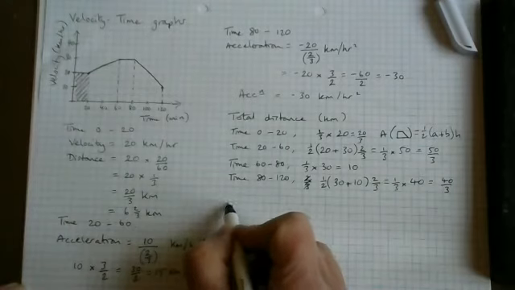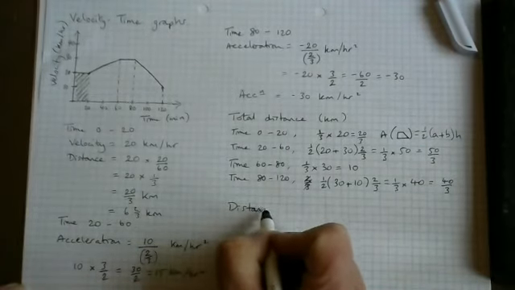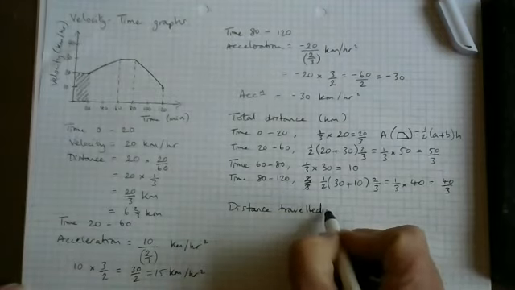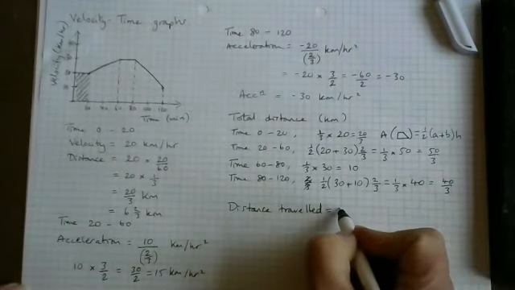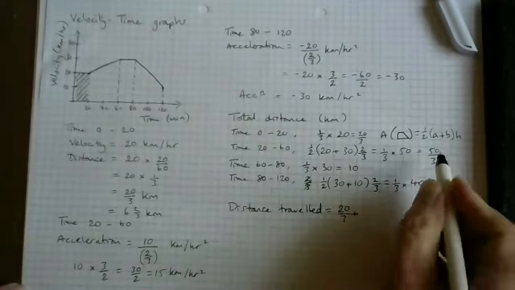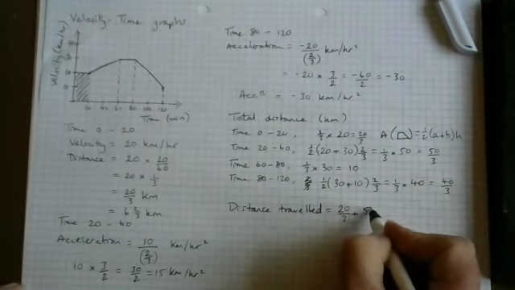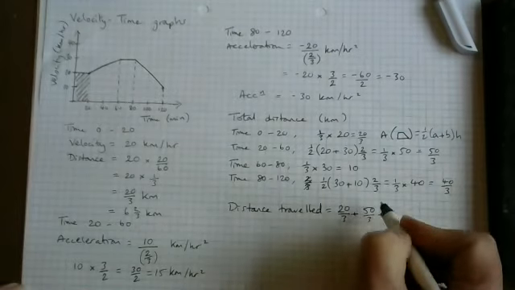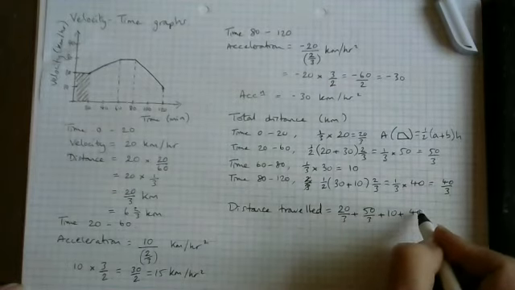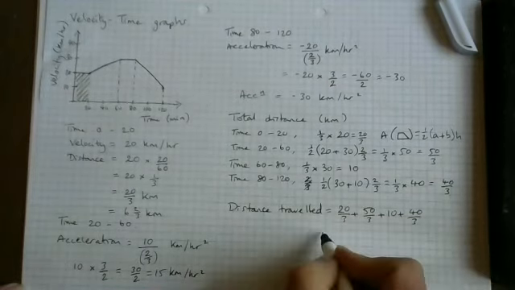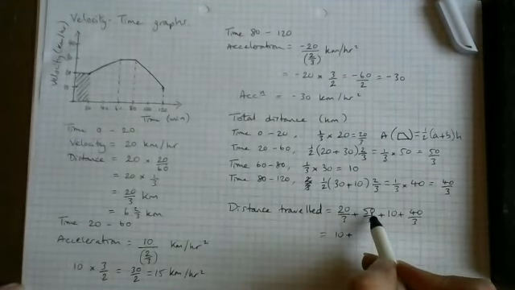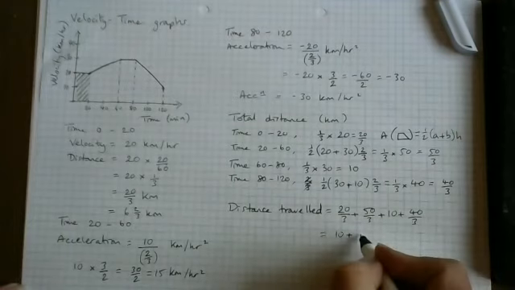So distance travelled in kilometres is the sum of those values. 20 over 3 plus 50 over 3 plus 10 plus 40 over 3 equals 10 plus, that's 70, 110 over 3.